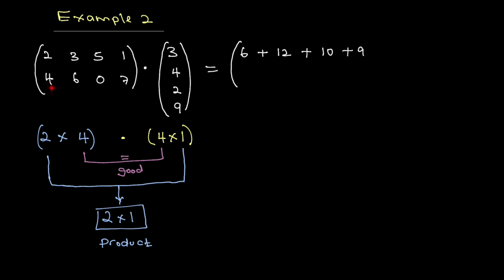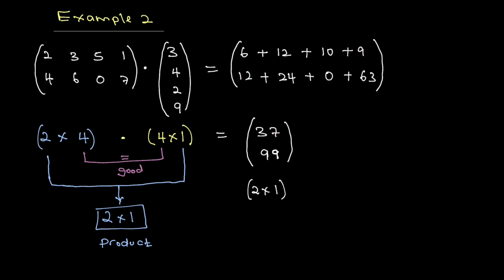Then we do the second row: 4 times 3 is 12, plus 6 times 4, 24, plus 0 times 2, that's 0, plus 7 times 9, that's 63. Then we add them up. That equals 37 and 99. This matrix is 2 rows, 1 column.